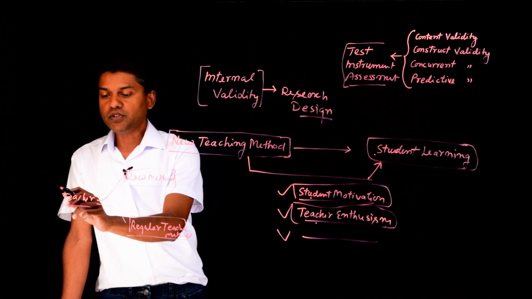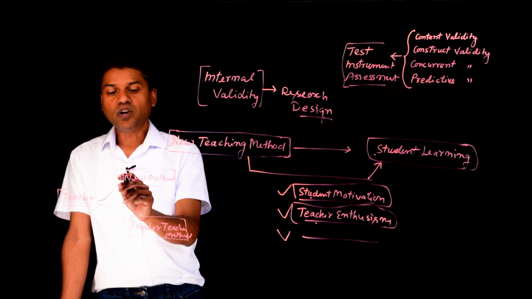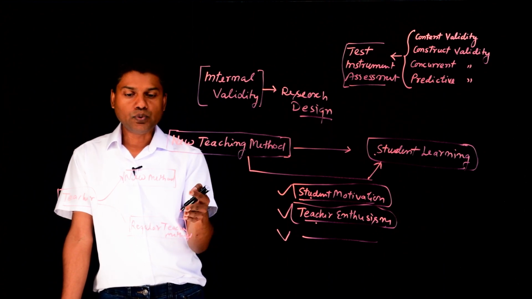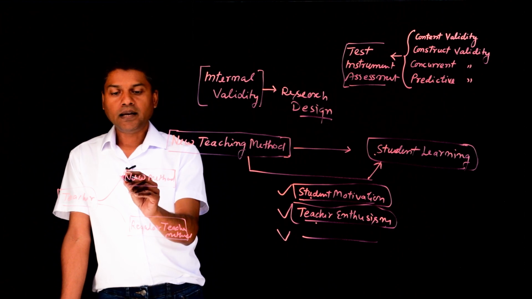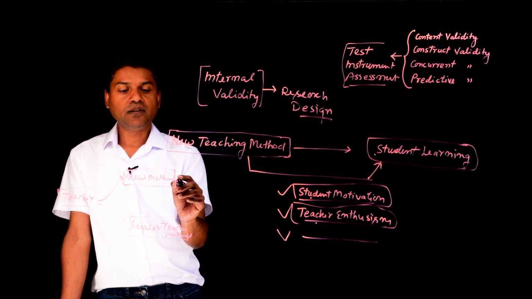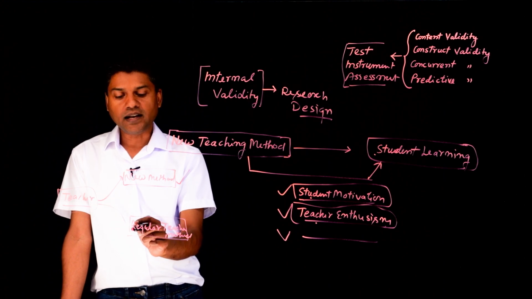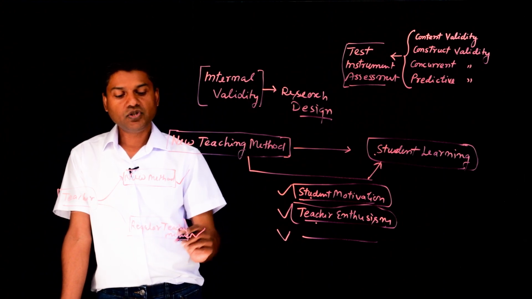So the same teacher is teaching one class, a similar class with a similar level of students, and in this class he is using a new teaching method. And the same teacher is teaching another class using his regular teaching method.